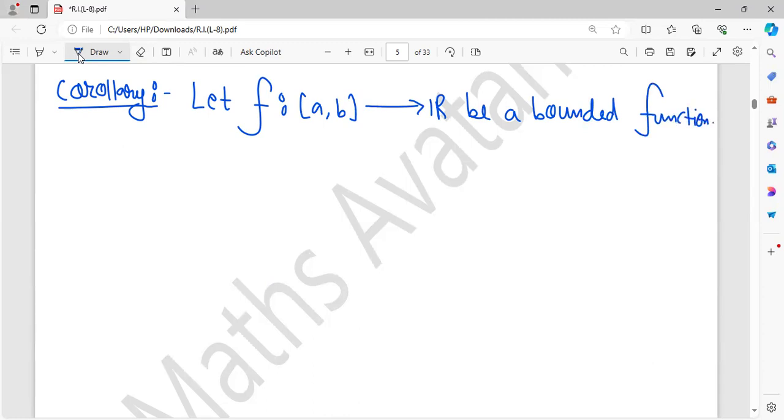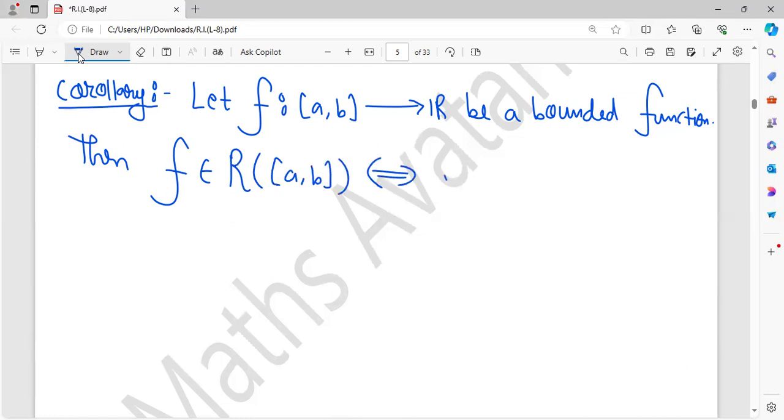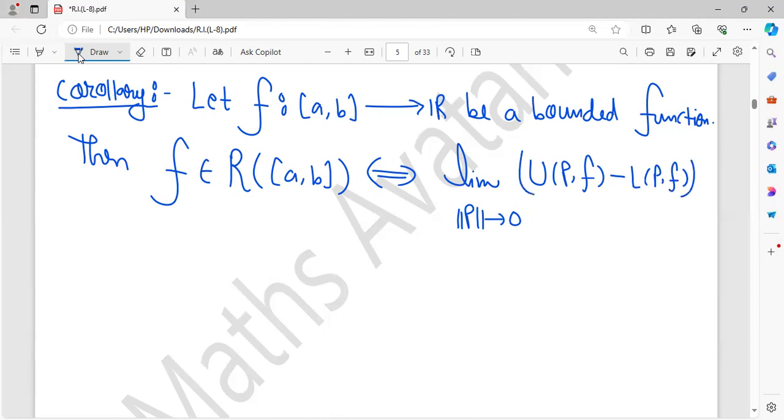Then f belongs to R[a, b] if and only if the limit as norm of P tends to 0 of UPF minus LPF is 0. Okay, let's see this proof.